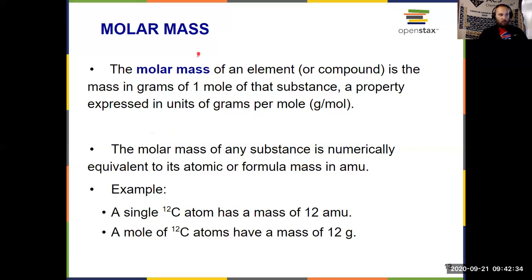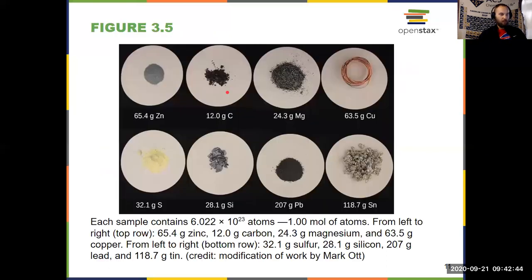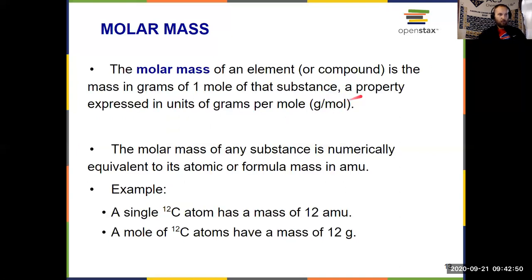So what is the molar mass of an element or a compound? It is the mass in grams of 1 mole of that substance. Okay, so jumping back to this slide, the mass in grams of 1 mole. So the units, jumped ahead there, are grams per mole. So the units are grams in 1 mole of that substance.